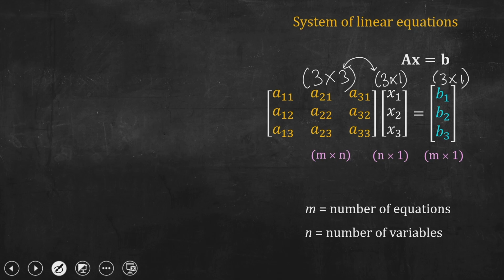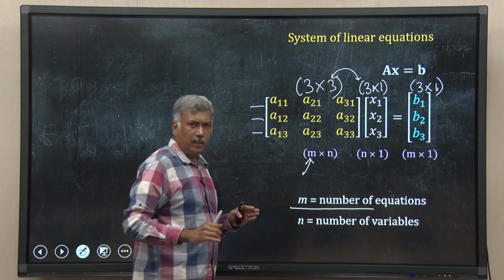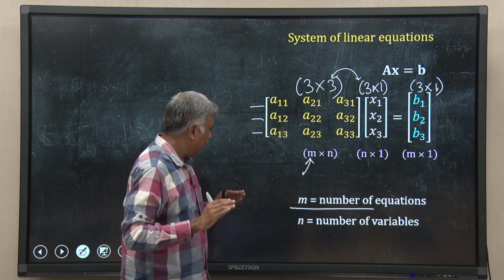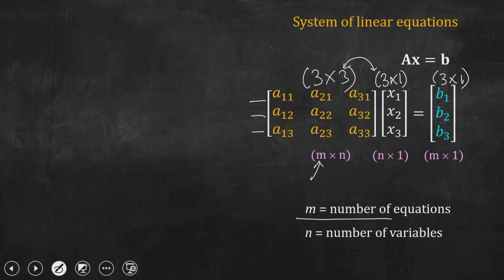So, usually here I have 3 equations. So, the number of equations is represented by m. It is not mandatory that you have to call it m. For our discussion, we will call the number of equations m, and the number of variables, in this case 3, n.